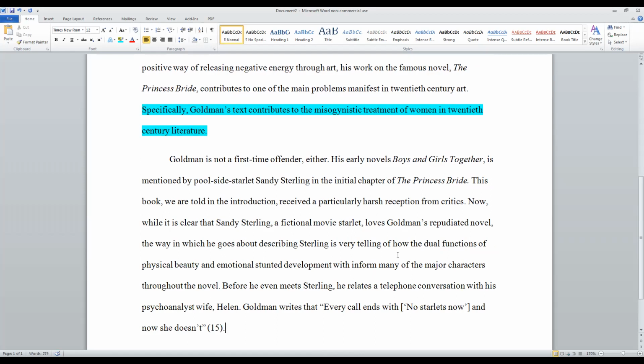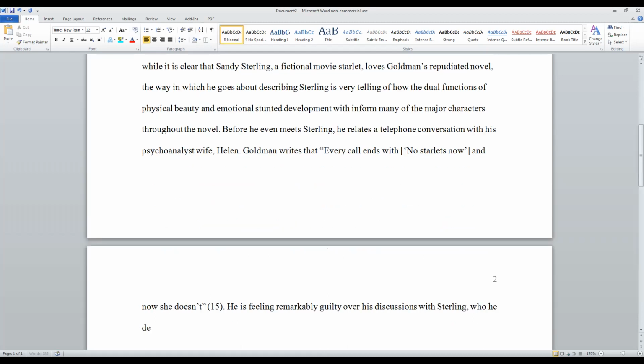Okay. He is feeling remarkably guilty over his discussions with Sterling, who he describes as, I'm going to go back and find the terminology here.